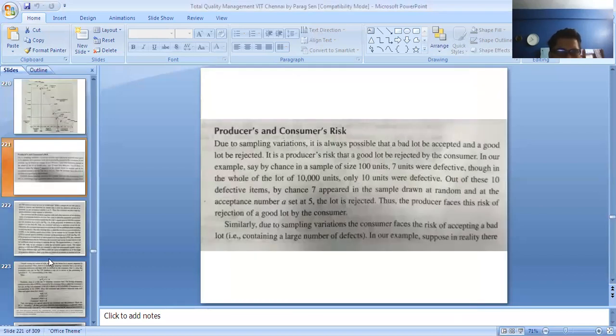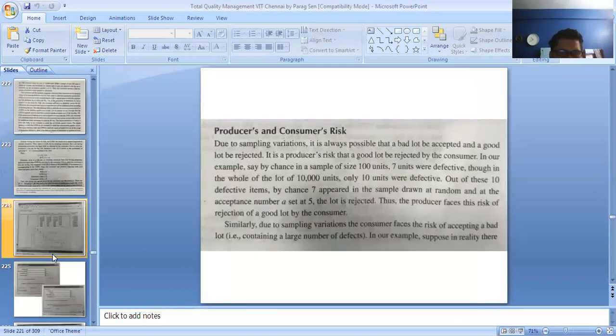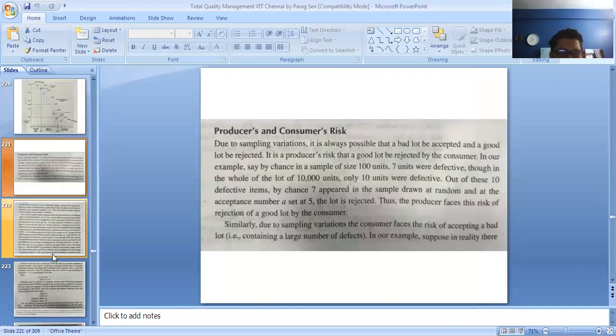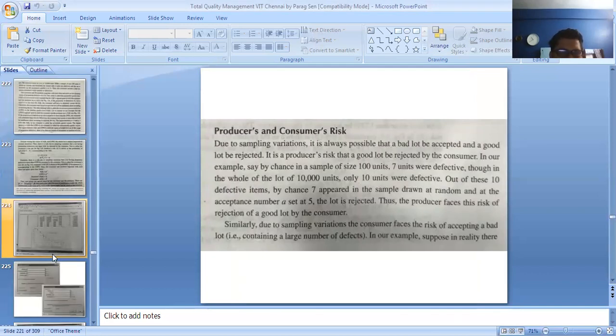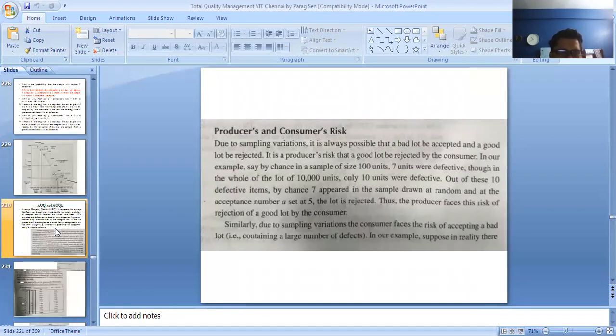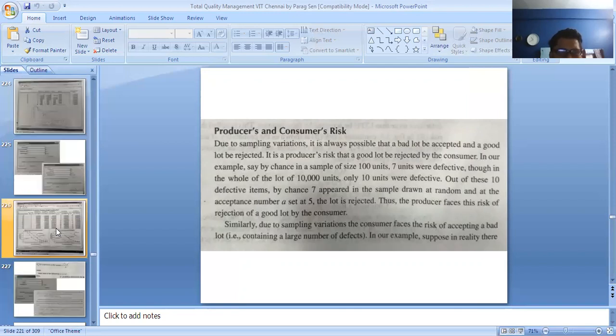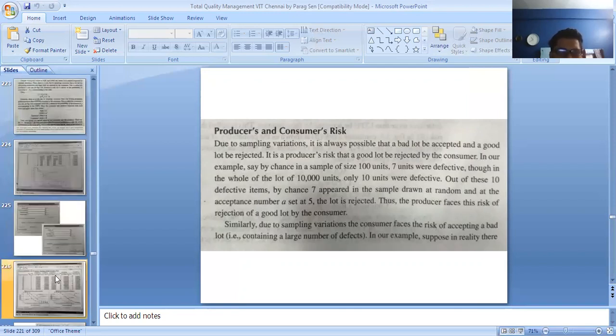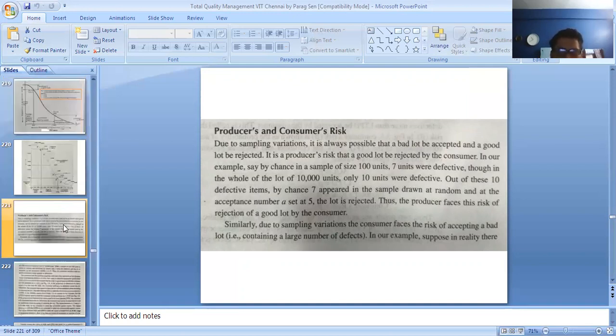So in the next class, we will describe the concepts of producer's risk and consumer's risk. Okay, this is very important, and we will also describe how to draw the OC curves in Excel. I will just give the example of the Poisson distribution, because it is very frequently used.